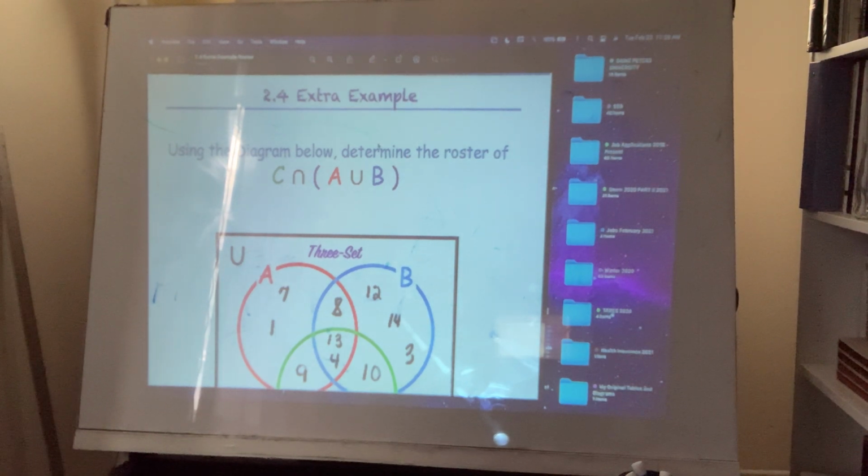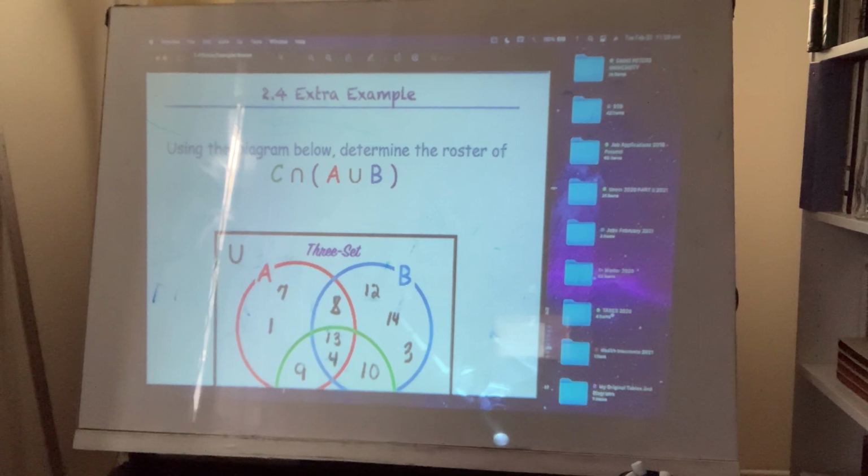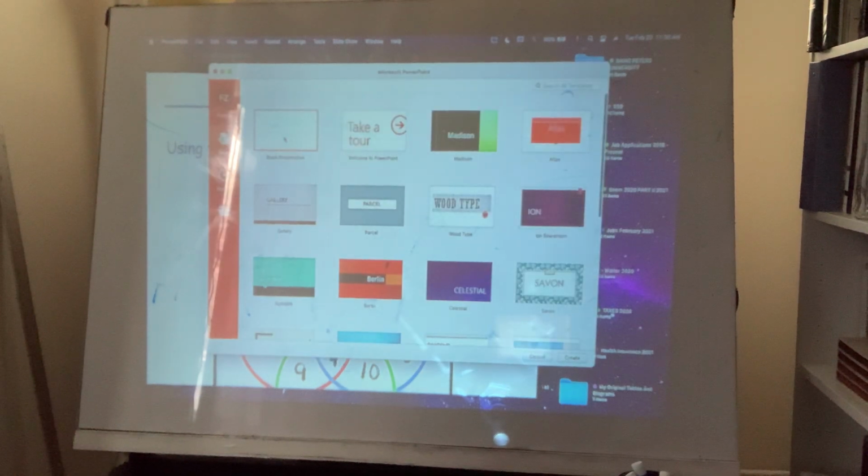Alright, I'm going to sort of move this over a bit and create a nice white surface for myself. So give me one moment. And my PowerPoint does the dance here. Yippee-yahoo-y, okay.